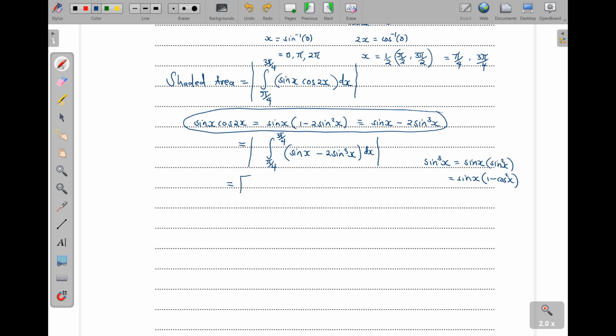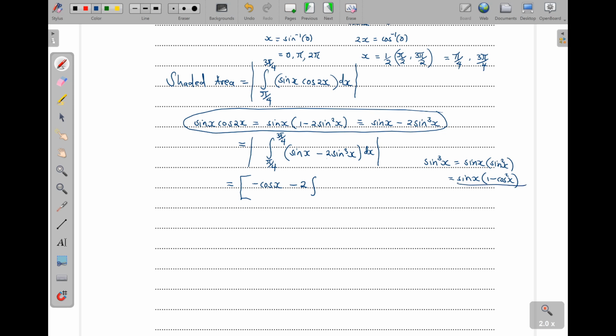Let me just have something like this. When I integrate sine, we get a negative cosine, so that's negative cosine of x, then minus, of course this one I will put a 2 here, and then I can integrate.